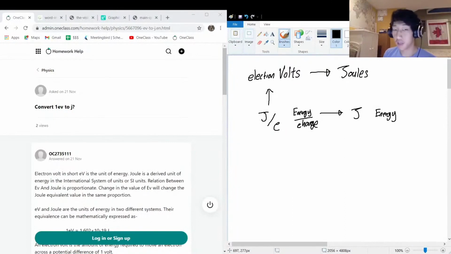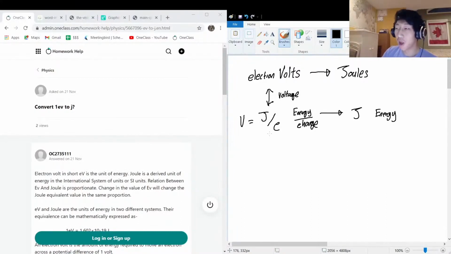So to convert electron volts to joules, it would make sense to multiply. If the voltage unit is volts, which is equal to joules per coulomb, and we want to convert this to just joules, we need to multiply by something with a coulomb on top so that we can cancel the coulomb on the bottom of the unit.